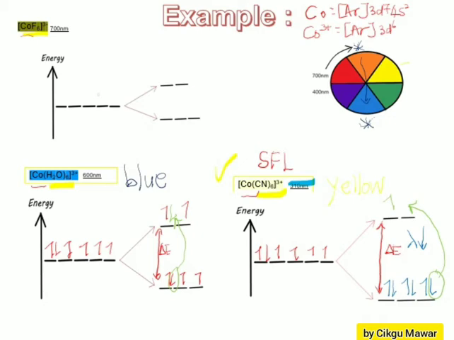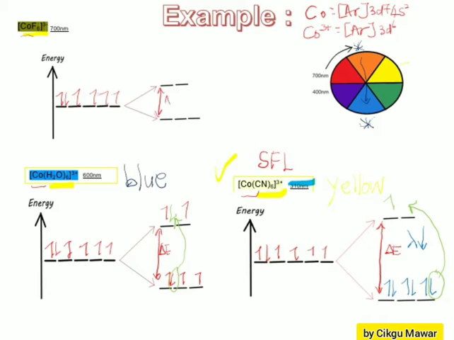Alright, we take a look at the first complex, which is the hexafluorocobaltate(III) ion. Now we fill up the electrons here, six, same as cobalt(III). With the presence of the ligand, we can split the orbitals into two sets of orbitals.